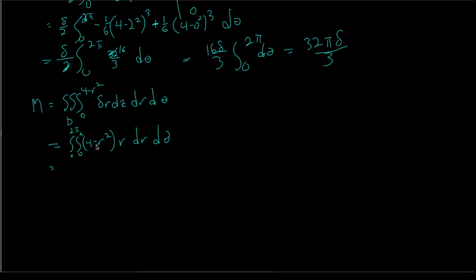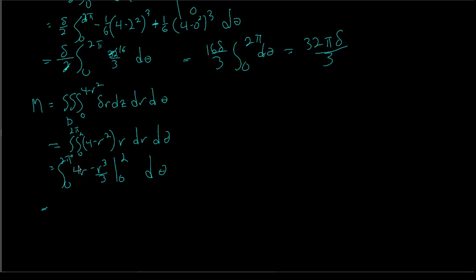So this is going to become 4r minus r cubed over 3, evaluated from 0 to 2, 0 to 2 pi, d theta, and the 0 won't matter, so this will be 8 minus 8 thirds. It's missing a factor of 3.